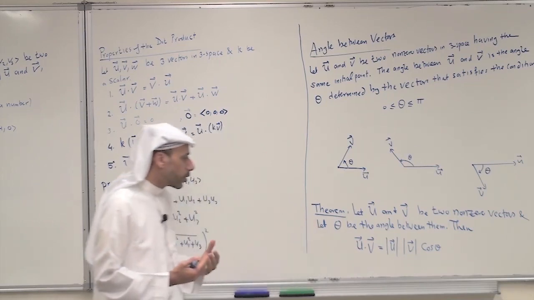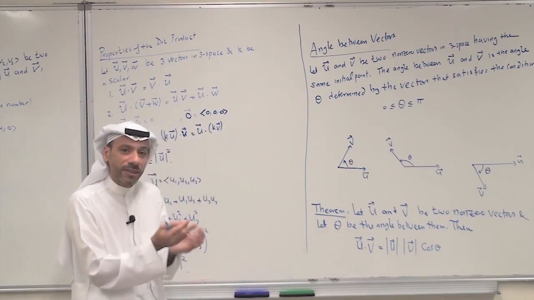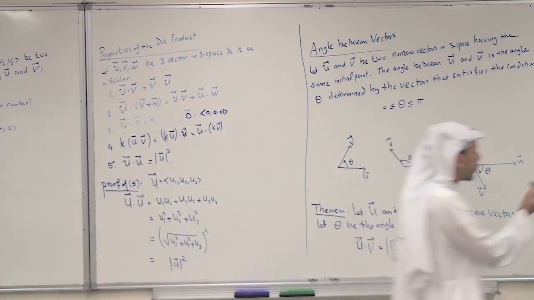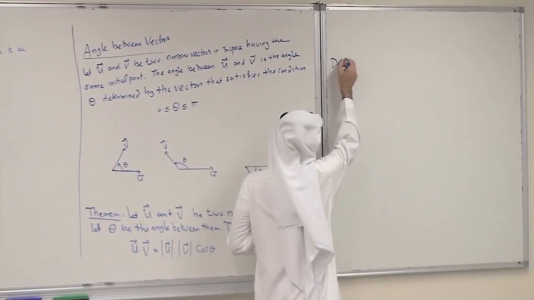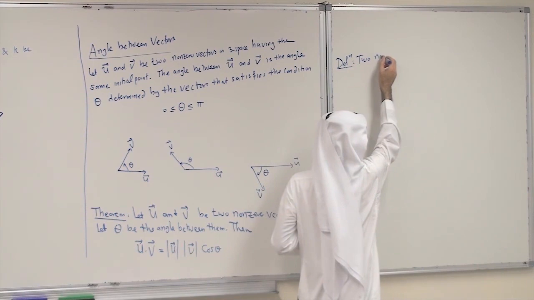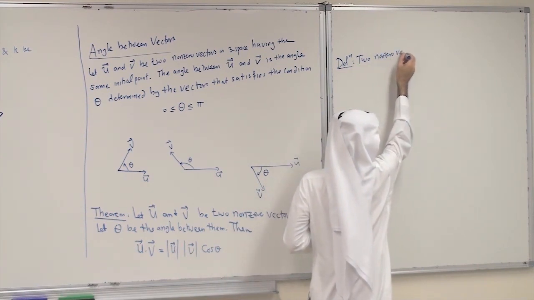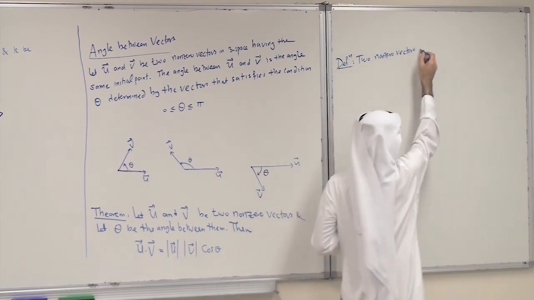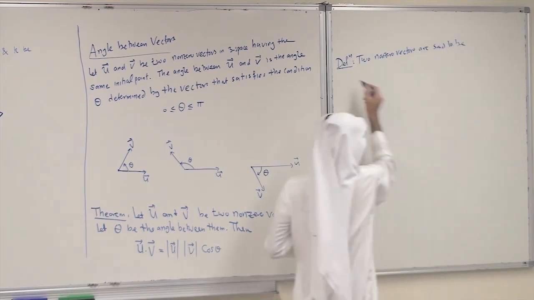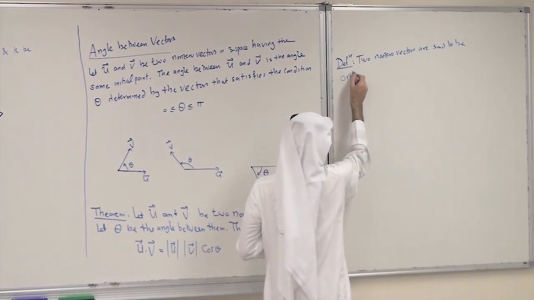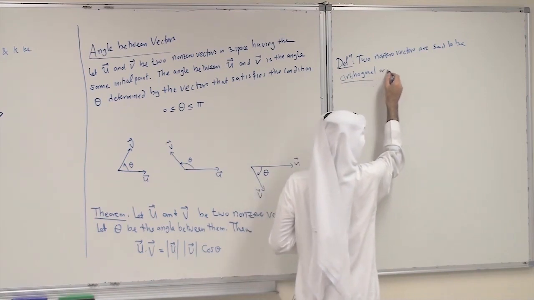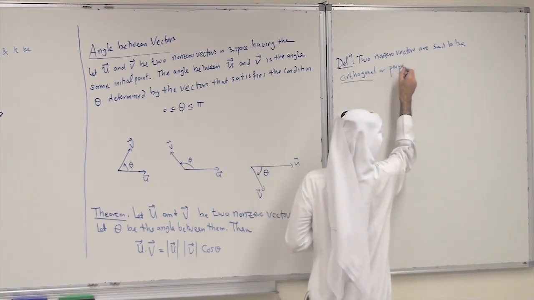Now we can use the theorem to define some terminology regarding the relative position of two vectors u and v, and we say the following. Definition: two non-zero vectors are said to be orthogonal or perpendicular.